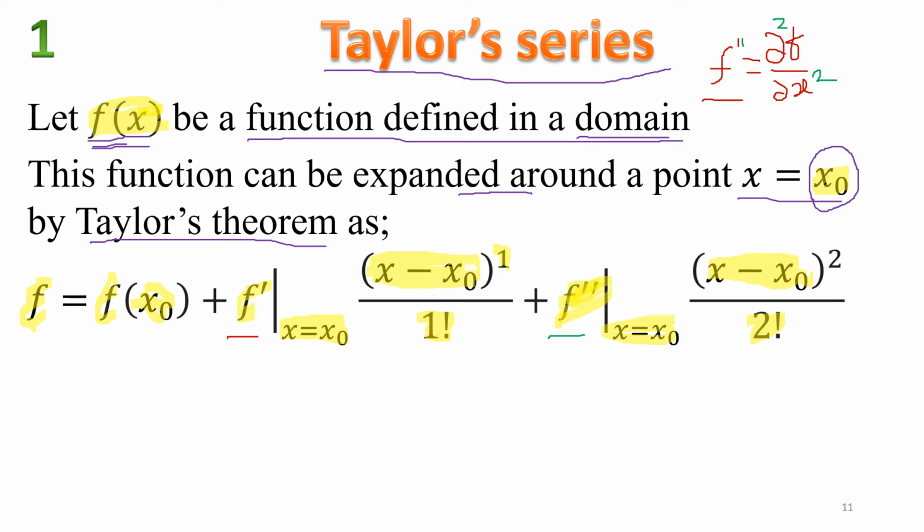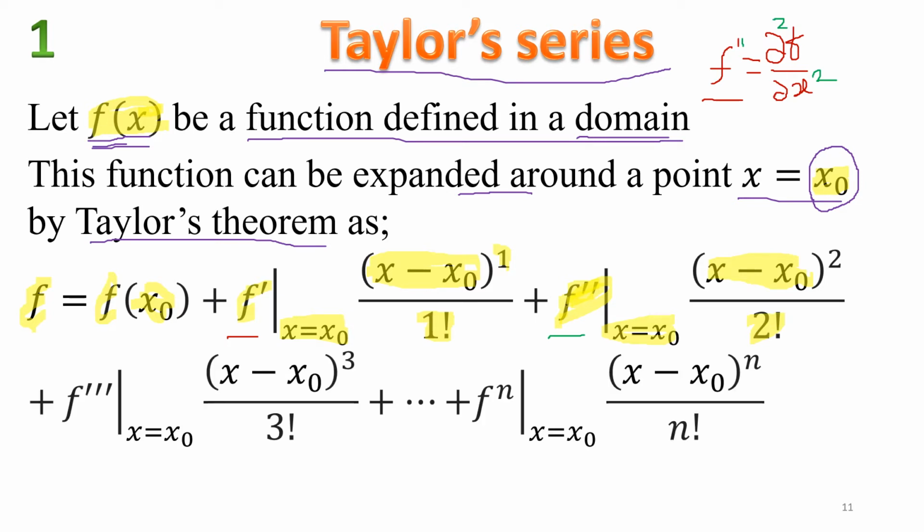And this series is infinite, wherein we are going to go to the third derivative at the given point x equal to x0, into (x minus x0) to the power 3 upon 3 factorial, and so on and so forth.